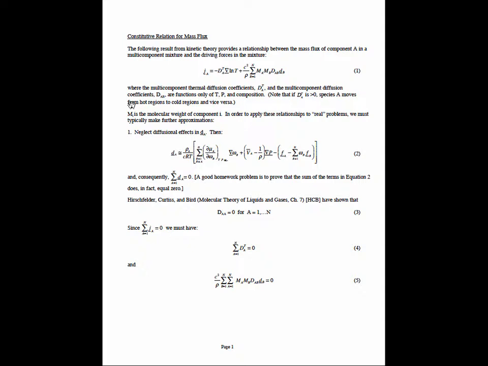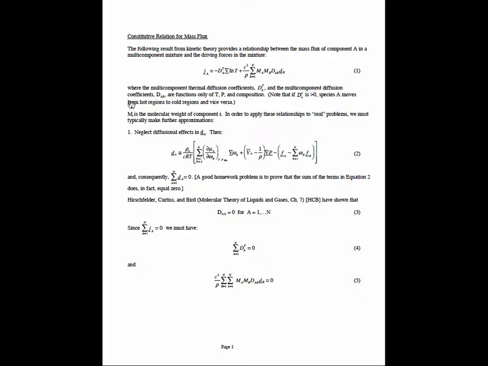But the chemical potential of a component in a mixture can also depend upon pressure and can be influenced by external forces like gravity, what are referred to in the literature as species-specific body forces.